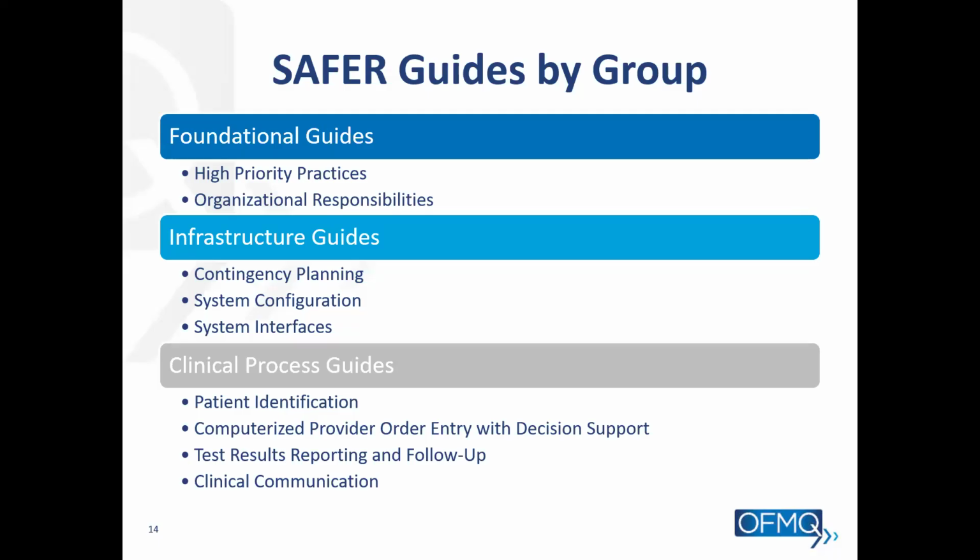This looks at contingency planning, system configuration, and system interfaces. And then your clinical process guides. This is going to be patient identification, computerized provider order entry with decision support, test results reporting and follow-up, and clinical communication.